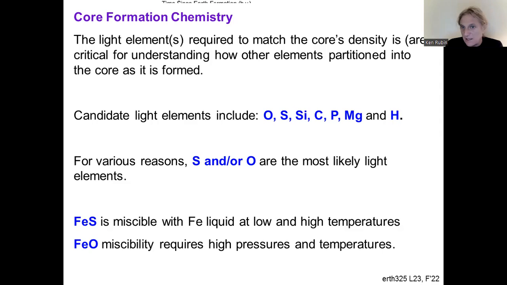And interestingly enough, the iron sulfide and iron oxide are not miscible with each other, so you can't really do both. You either do the iron oxide or the iron sulfide. And based on the relative proportions of some of the chalcophile and lithophile elements in the primitive mantle after the core formed, we feel it's more likely that the bulk of the light element is oxygen, not sulfur.